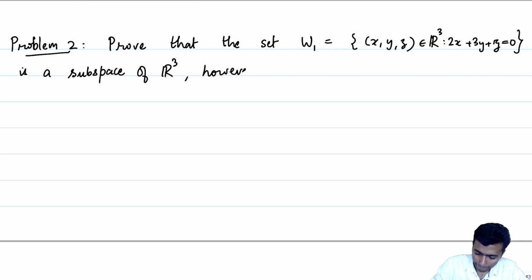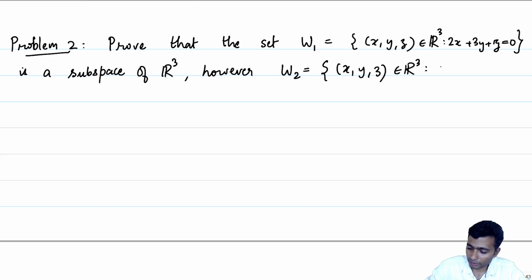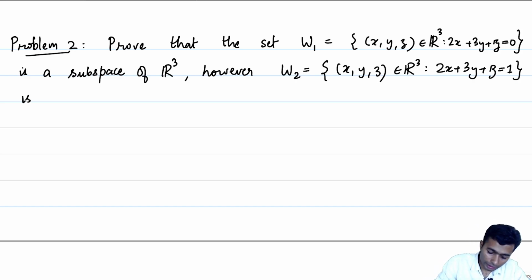However, W2, which is the set of all (x, y, z) in R3 such that 2x plus 3y plus z is equal to 1, is not a subspace of R3.